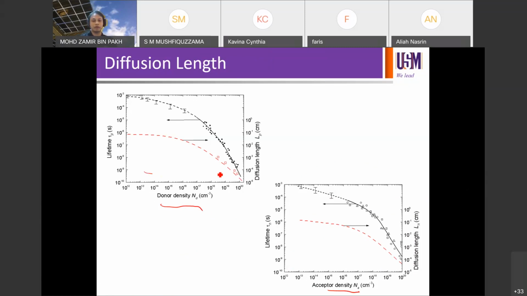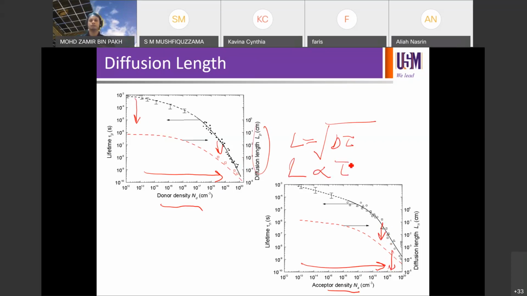If you go for higher doping level, you're going to have lower lifetime, and as a result, since L is equal to the square root of D tau, L is going to be lower as well. Both of them are proportional to each other. The same goes for the acceptor as well. So when the lifetime is lower at higher doping level, the diffusion length will also be lower since L is proportional to tau.